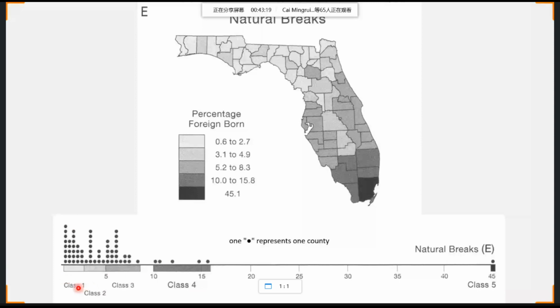And then we have class 4 here, and again, just one class for the outlier, for the highest value, because it's so different from the others that it totally makes sense to have this class with just one value here, 45.